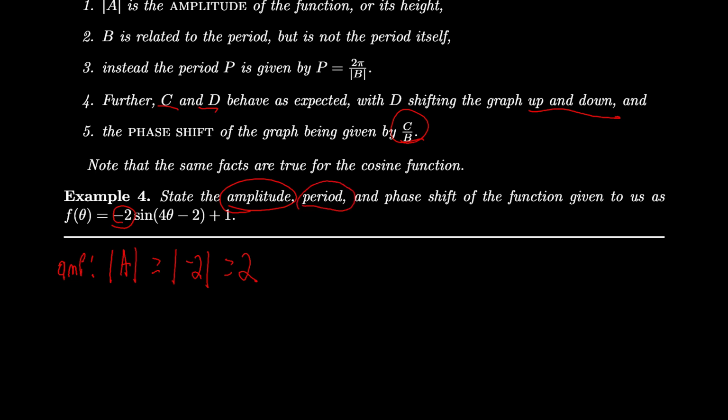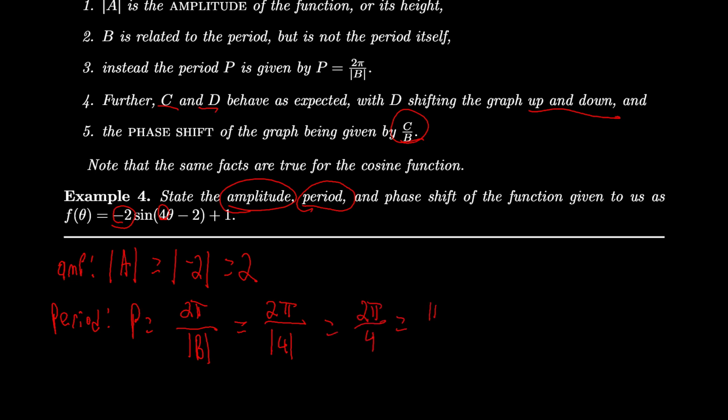Period. You might be tempted to say that the period is 4, but the period is not 4. The period, remember, is how long it takes to repeat itself. But the period is always given to you by P equals 2 pi over the absolute value of B, where B is the thing in front of the theta. So then this is 2 pi over the absolute value of 4, which is 2 pi over 4, which is just pi over 2.